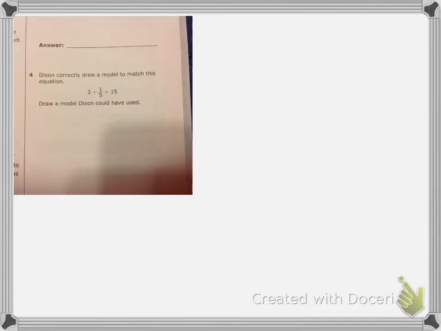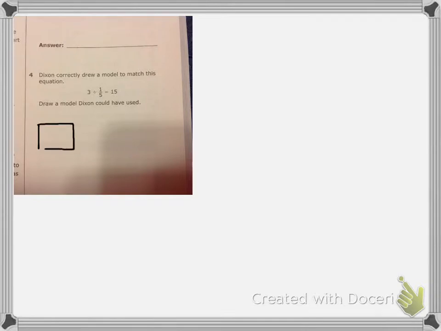Okay, it says Dixon correctly drew a model to match this equation. 3 divided by 1/5 equals 15. Draw a model Dixon could have used. Oh, sorry, 1/5. Okay, so if we do that, we've got 3.